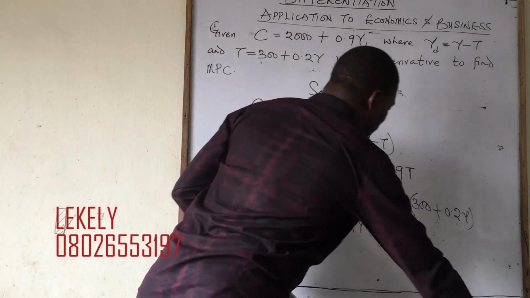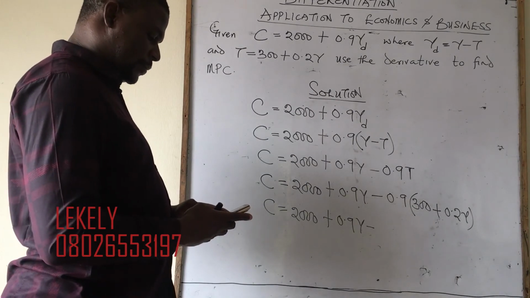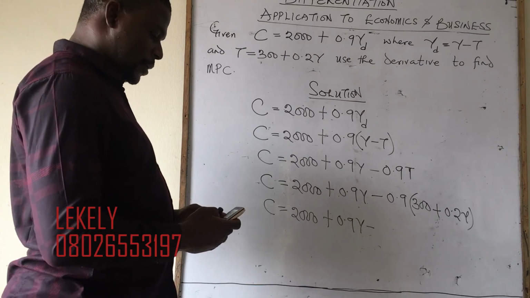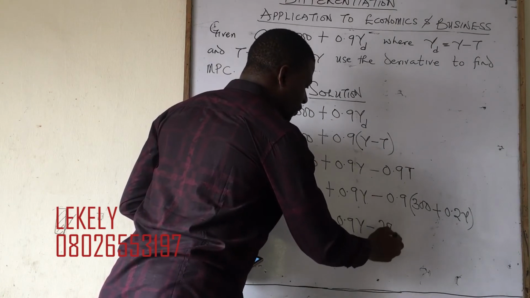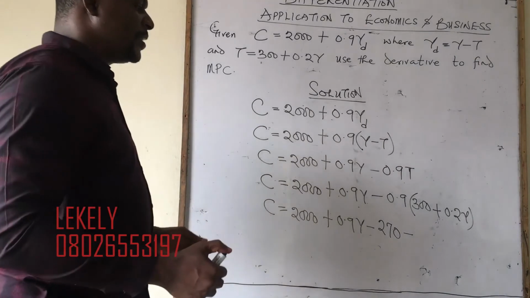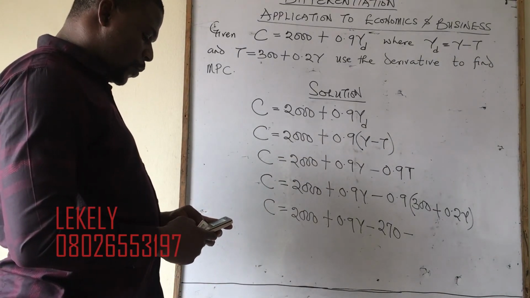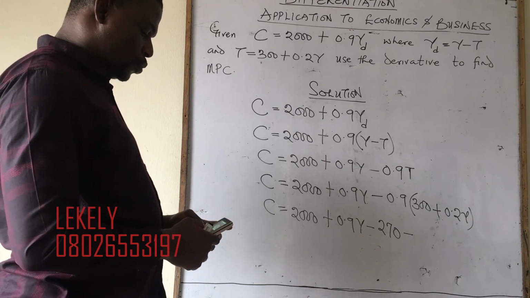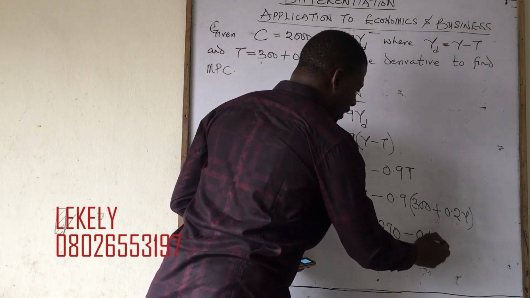So you can use your calculator. 0.9 times 300 gives us 270. Then minus 0.9 times 0.2Y. So 0.9 times 0.2 will give us 0.18, so minus 0.18Y.